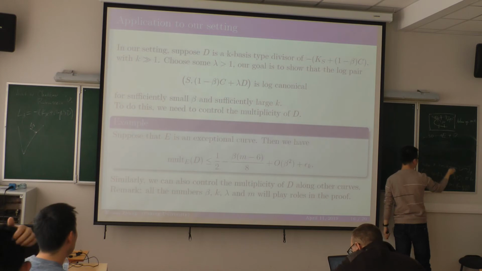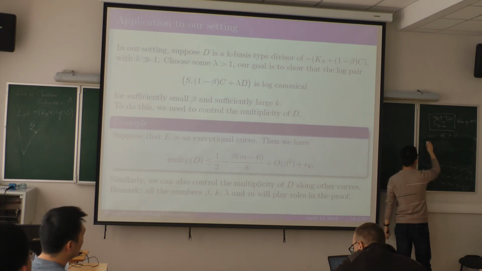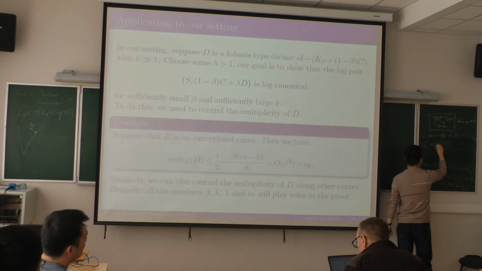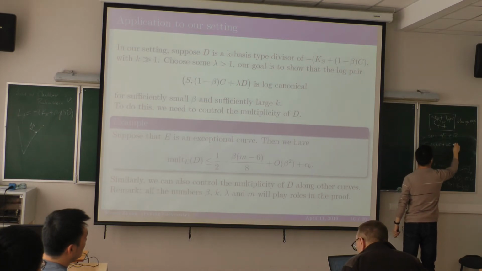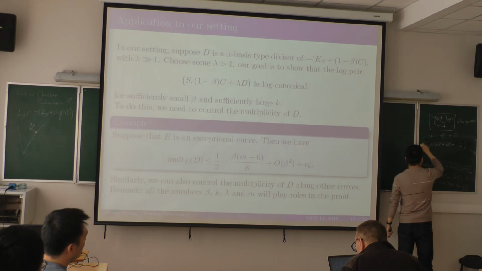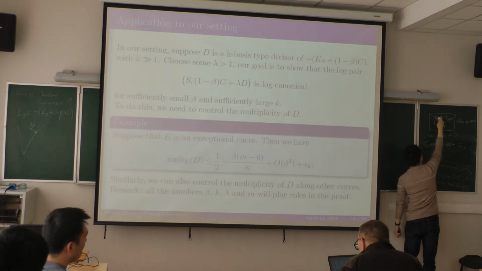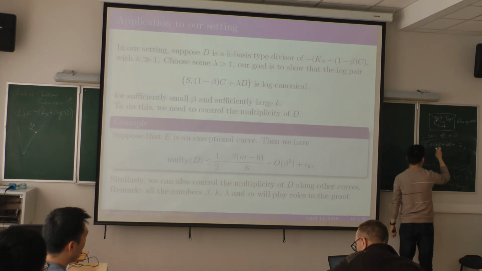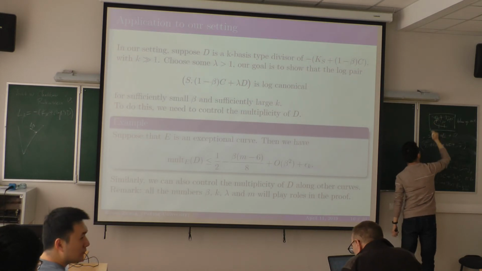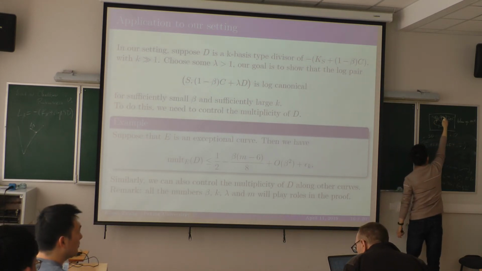Now the pair becomes (1 minus beta) C plus A times E. We want to look at this pair near this point, let's call it P, and show that it is at least log canonical at this point.